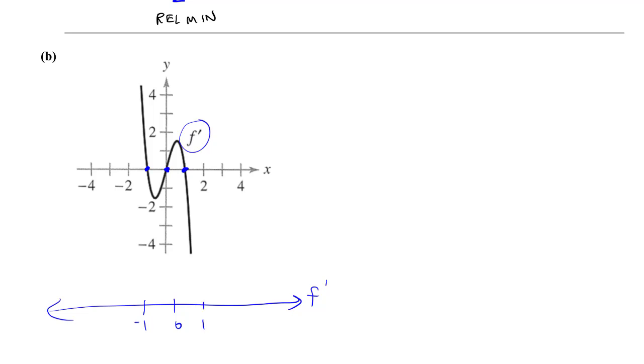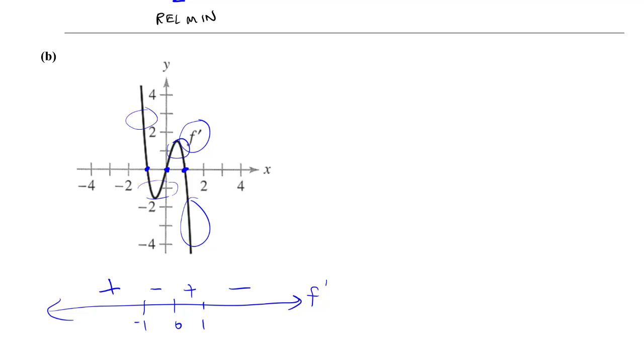Then I want the sign of the derivative. Well, when you're less than -1, the derivative is always positive. When you're between -1 and 0, you're always negative. Between 0 and 1, positive, and after 1, negative.